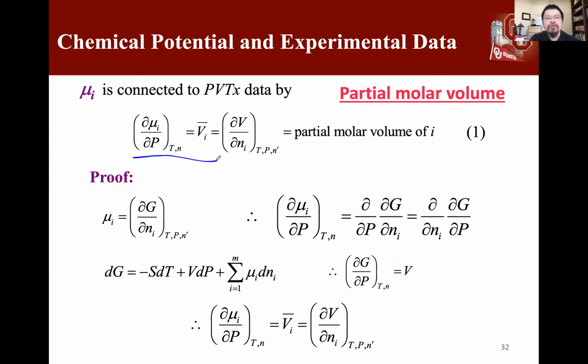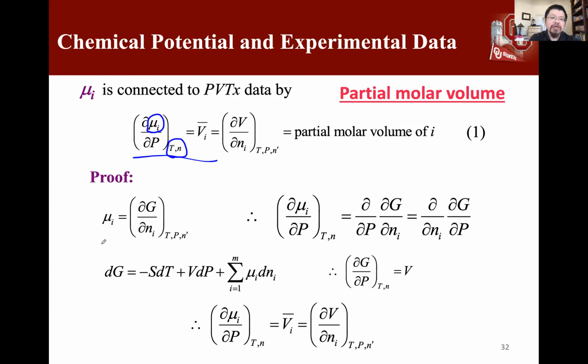Then we start with the chemical potential. When we are limited by the partial molar property requirement, we only have one choice to replace the chemical potential by a partial molar property, which is the Gibbs partial molar property.